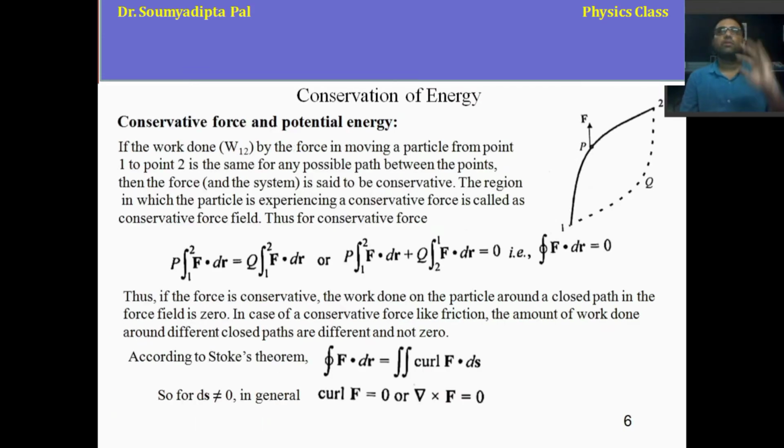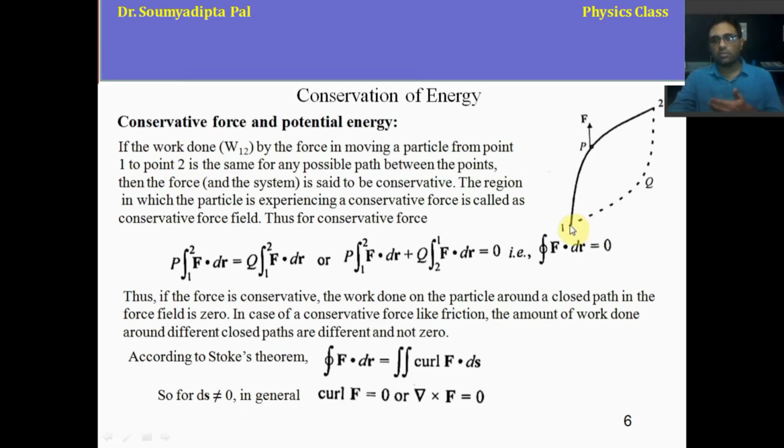But when we talk about the potential energy change, the force has to be conservative, otherwise the situation will be very complicated to find out that potential energy change. Here, the work done by the force in moving the particle from this point to that point will always be the same.